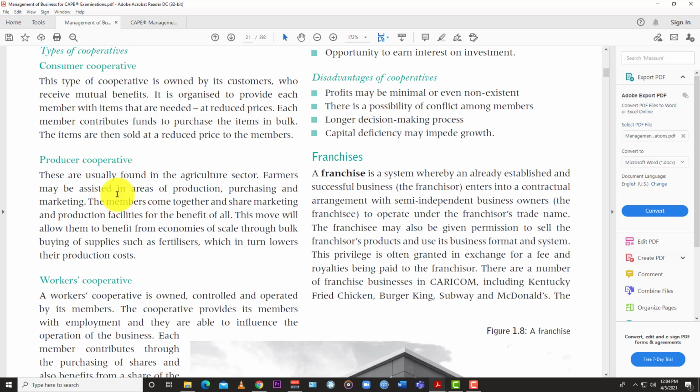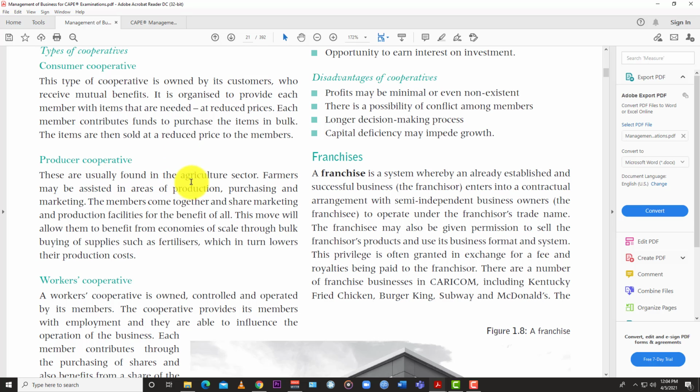They don't really like 10 farmers coming to them with the same produce. They would prefer if one farmer, who is the head of the cooperative, comes and sells the produce as a member of the cooperative. So everybody pools the produce together, sells them as one entity, and then they share up the profits accordingly, based on how much you would have put into the whole thing, or based on whatever the agreement is. So that's what the producer cooperative is all about.